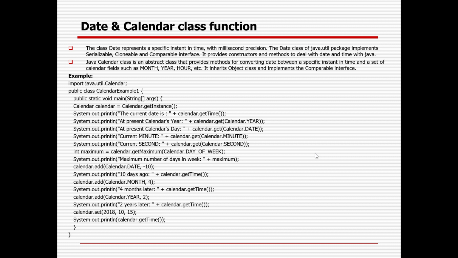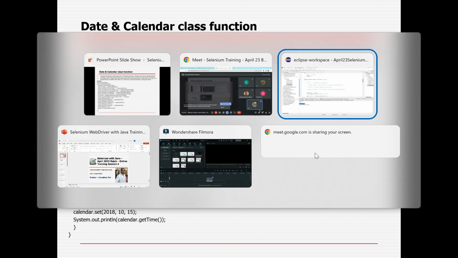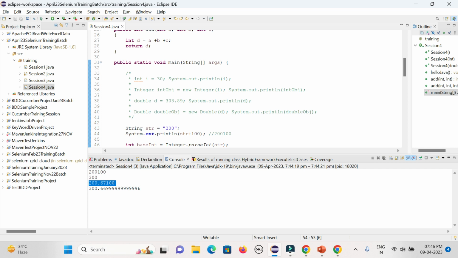Yeah. Then there are date and calendar classes available, under which there are a lot of methods. So how can you deal with the date or calendar or hour, minute, second, all this stuff, right? Let's see. Let's comment out this code for now.